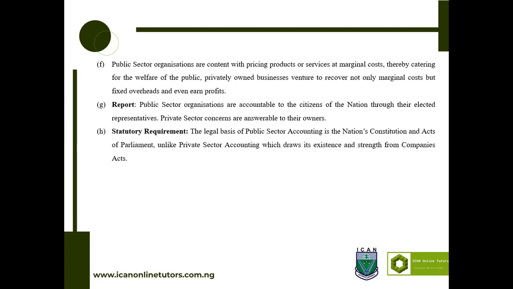So under reporting, the public sector organization reports to the general public through the elected representatives, while in the private sector, the report goes to the owners from the management, that is the appointed or employed management that manages the affairs of the private sector.